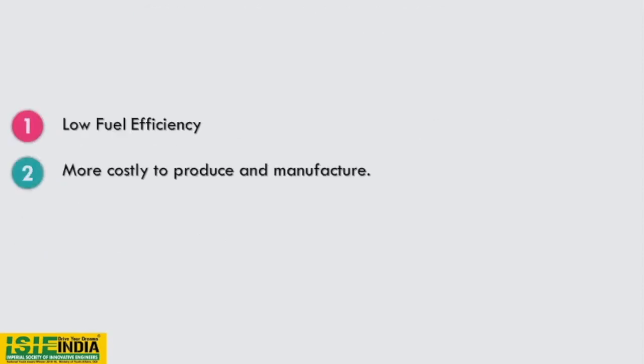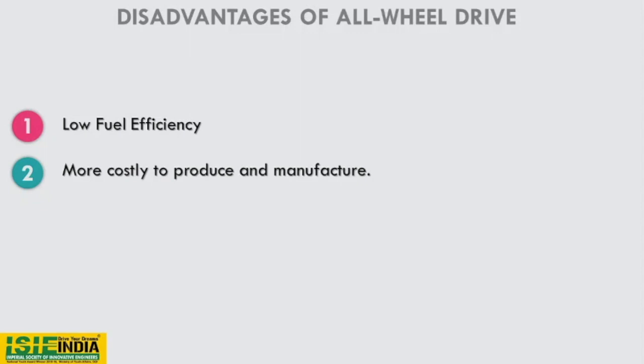Coming to disadvantages, it has low fuel efficiency. The main reason for its low fuel efficiency is that power is being sent to all four wheels, or sometimes part of it to the front wheels or rear wheels, so in some cases there are losses in every conversion, which results in low fuel efficiency and low mileage.